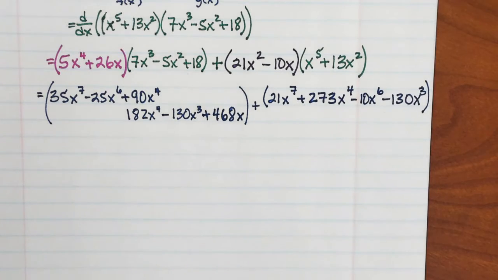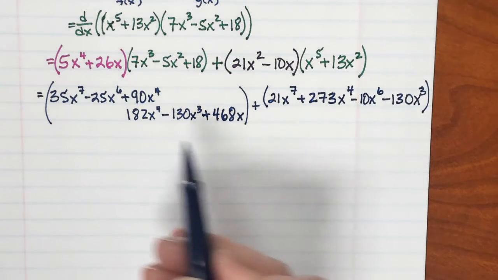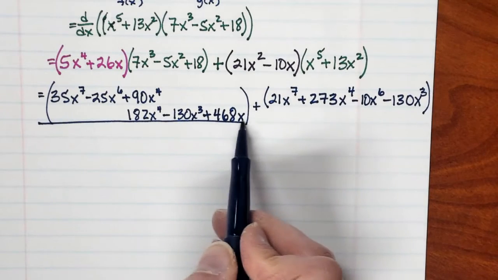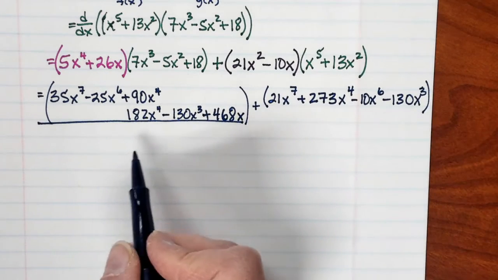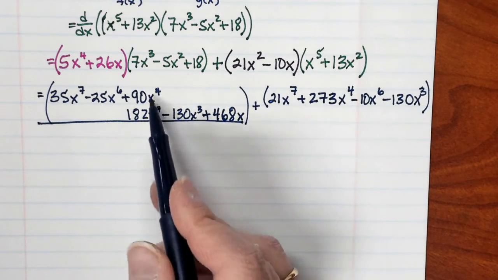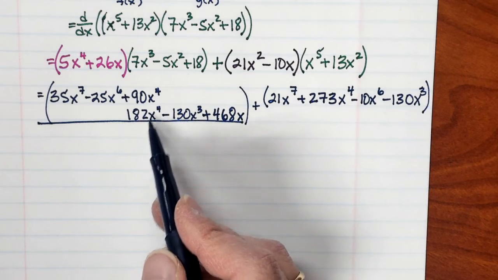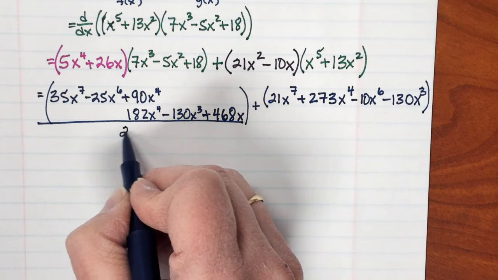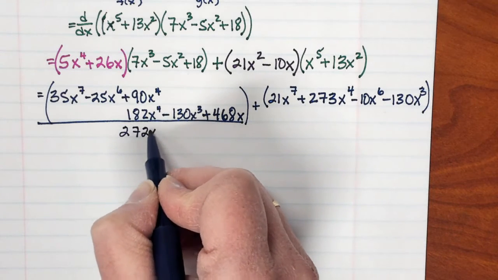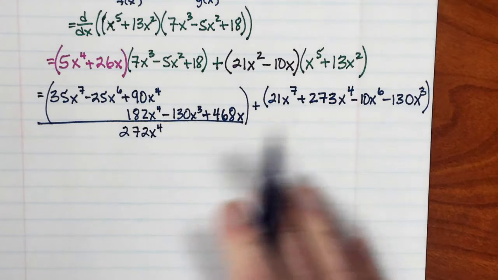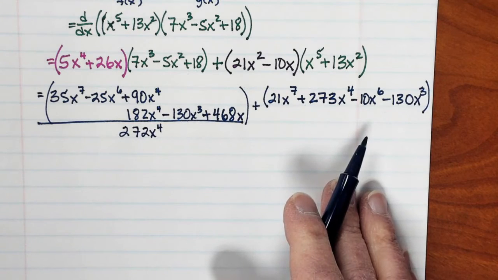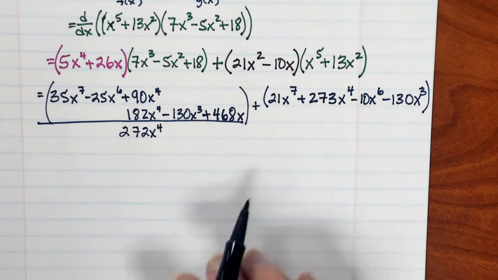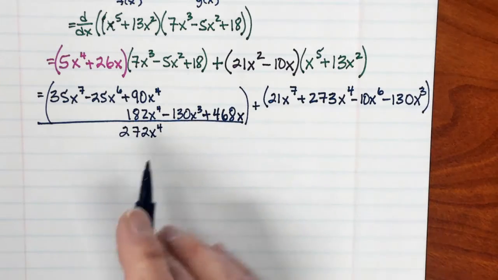There we go. Now we need to combine terms, clean this up. See what fun this is? The only thing here that combined really was the x to the fourth, and that gave me 272x to the fourth. And then nothing else I can combine yet between the two.